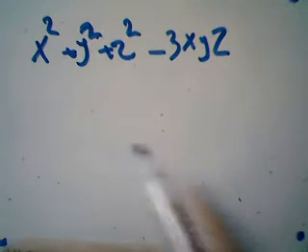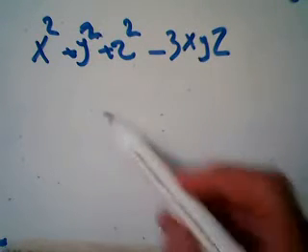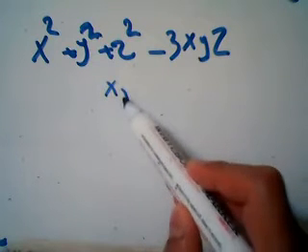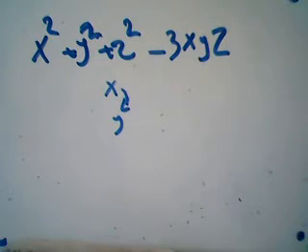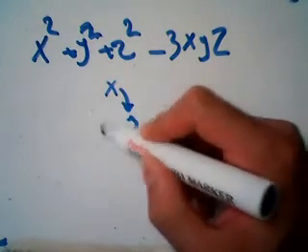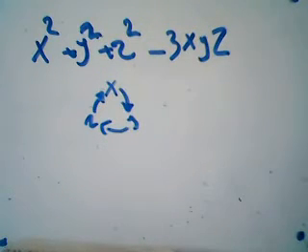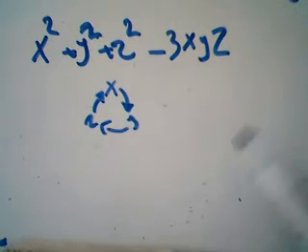So this is a symmetrical polynomial, which means that if you change x to y, y to z, and z back to x, the polynomial doesn't change.